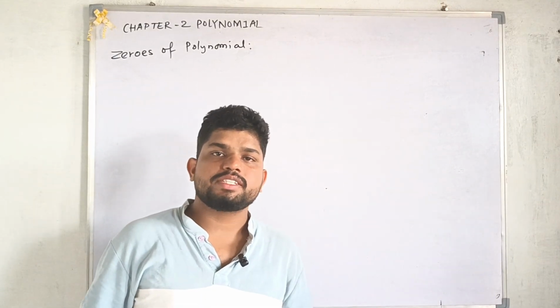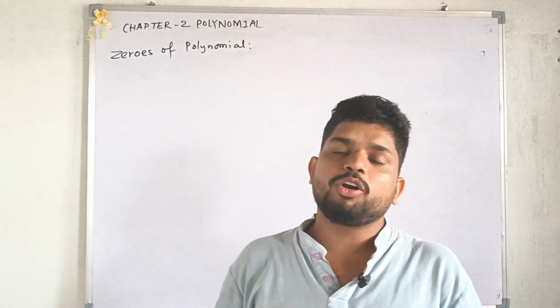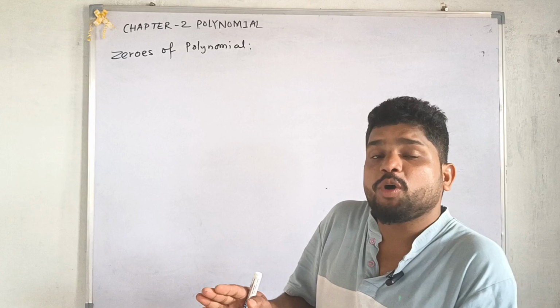dear students, now we will see the zeros of the polynomial. Generally, the zeros of the polynomial are the values of the variable for which the given polynomial is 0.